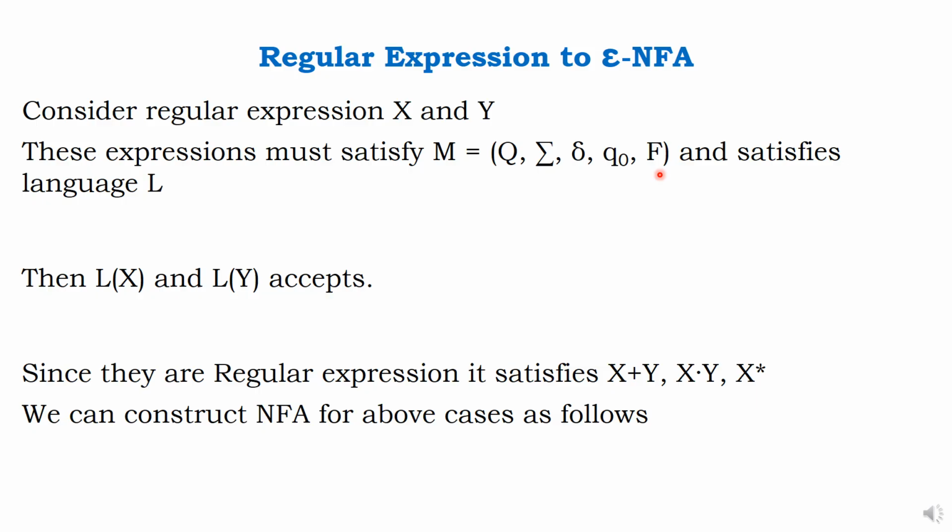Then these regular expressions and their languages must satisfy union, concatenation, star. What I am going to discuss in this video is that it is not just the expression that should satisfy union, concatenation, star. Even the language also should satisfy.